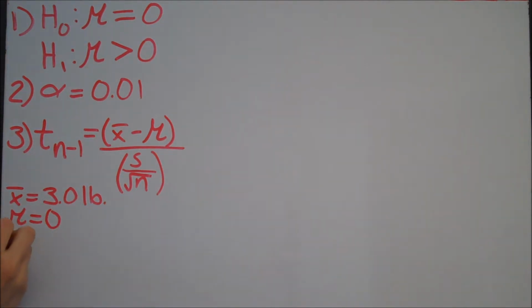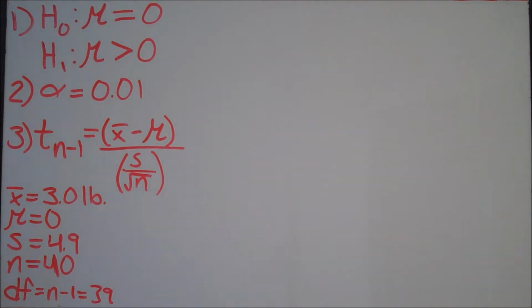Our sample standard deviation was 4.9, and n, our sample size, was 40 people. That's how many people we tested in our sample. The degrees of freedom is just equal to n minus 1, so 40 minus 1 is 39. That'll be important when we find our p-value later on.